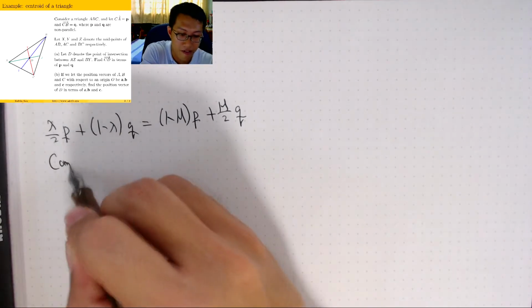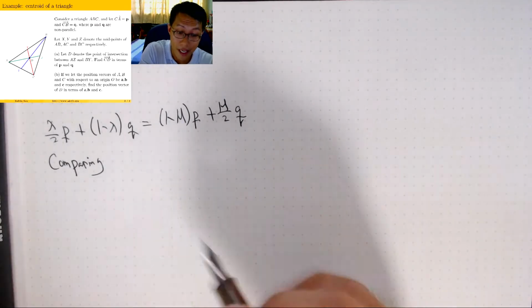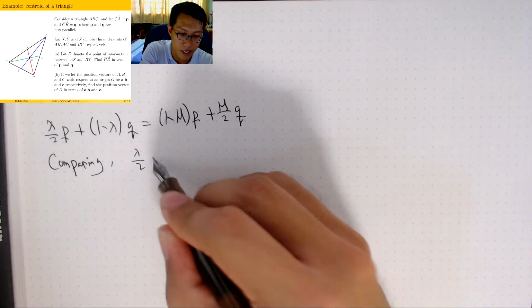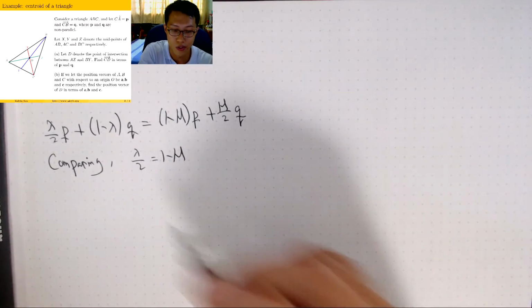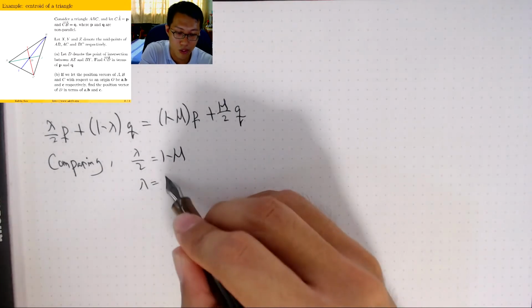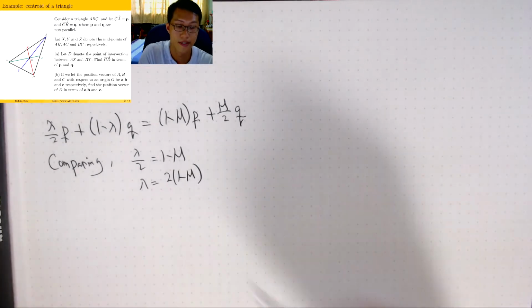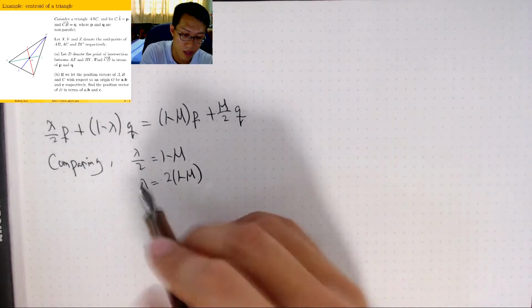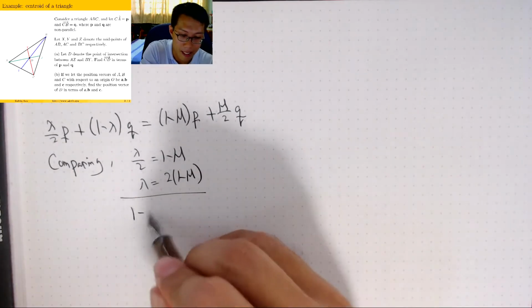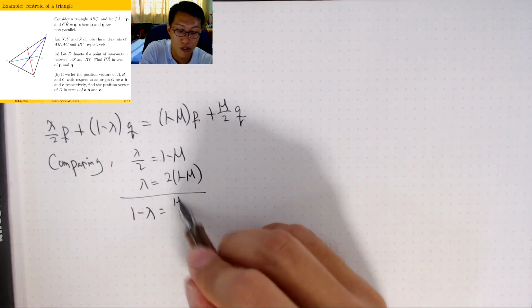Comparing P, we have lambda over 2 equals 1 minus mu. So cross multiply the 2 across, we have lambda equals 2 times 1 minus mu. Let's now compare Q. We have 1 minus lambda equals mu over 2.